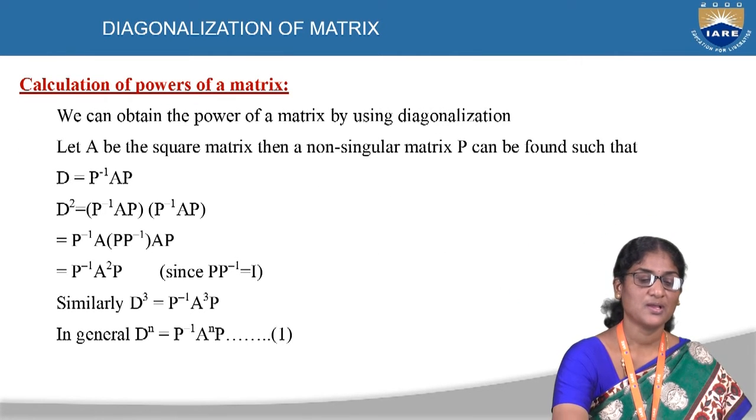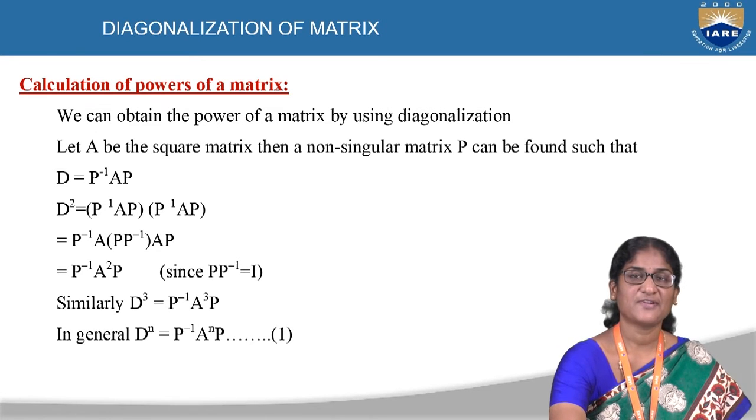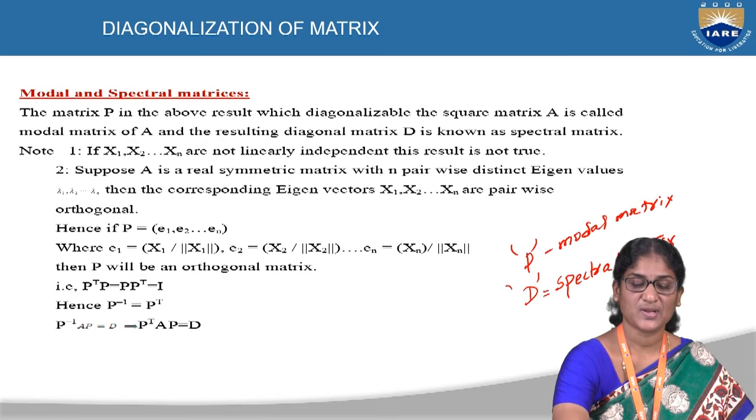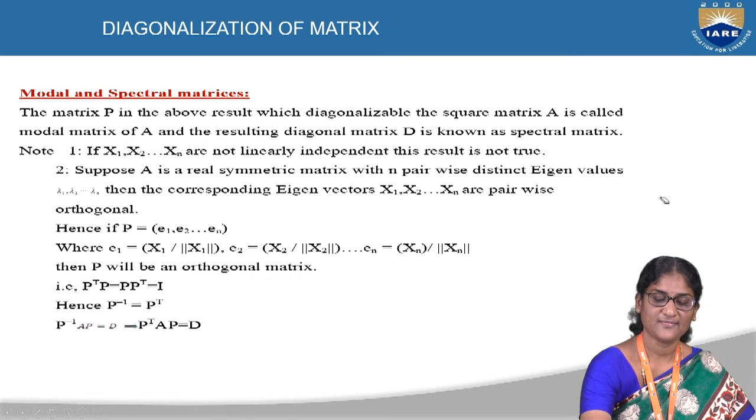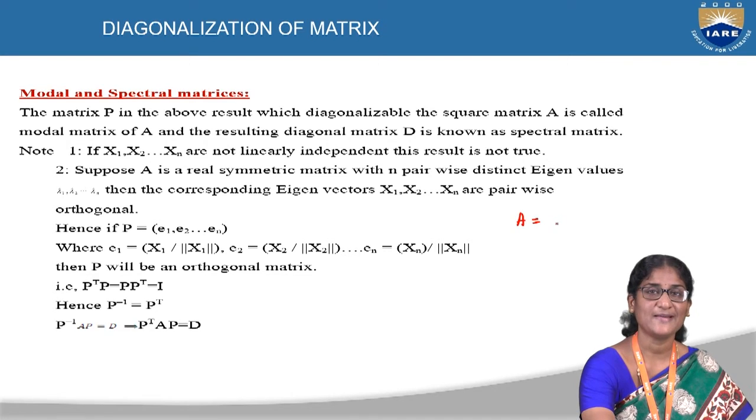So let me recapitulate the procedure of diagonalization of a matrix once again. Suppose A is a matrix which has to be diagonalized.